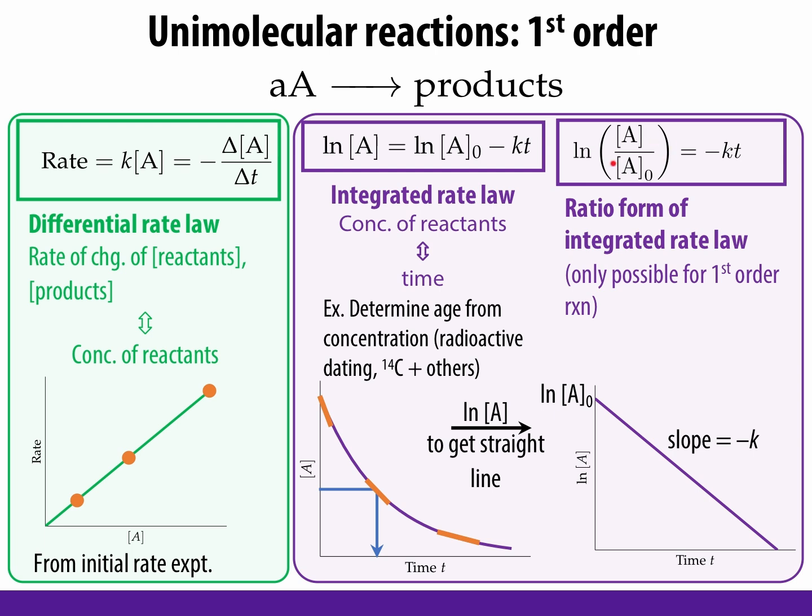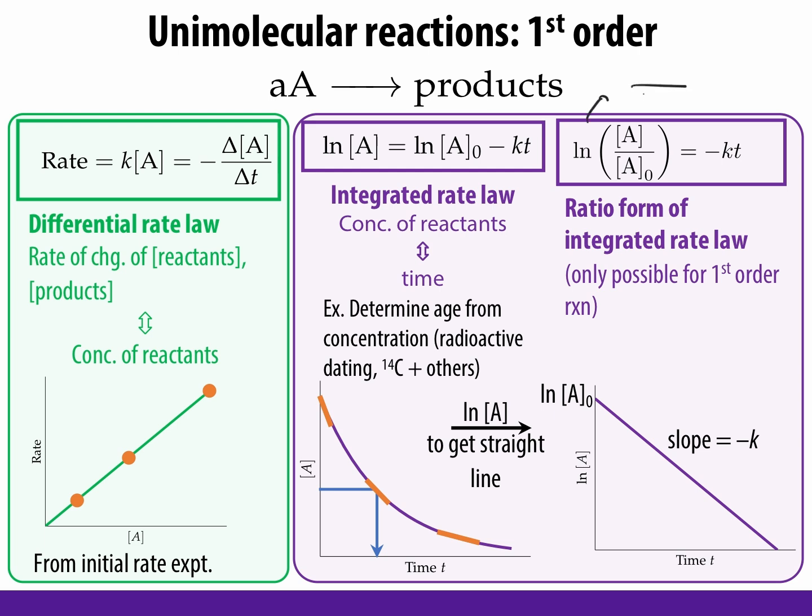We have this other form of the integrated rate law as well. Basically just using our rules for logarithms, we can go from this form to this form where it's a ratio form. This is nice because now when I have the ratio here, it doesn't matter what my A naught is.